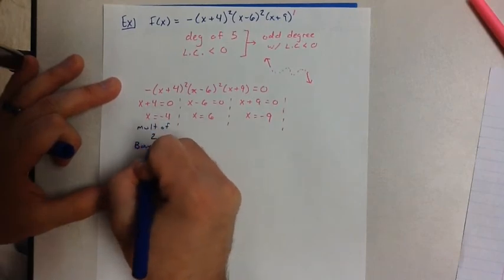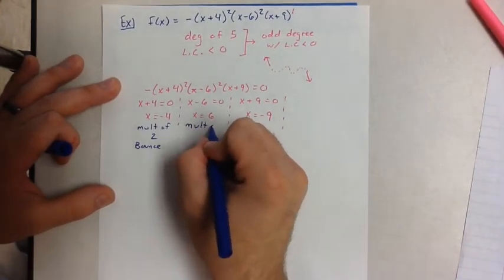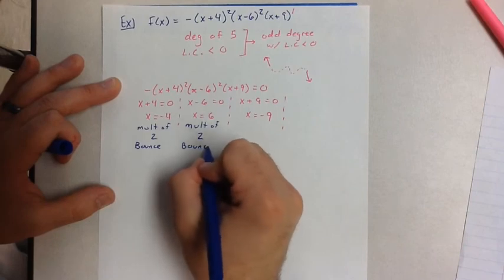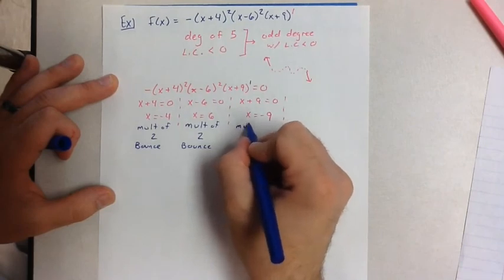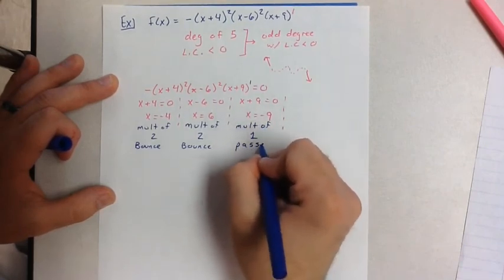So we bounce at this 0. We have a multiplicity of 2 again, so again it bounces. But at negative 9 with a degree of 1, with an odd degree, here it passes through.